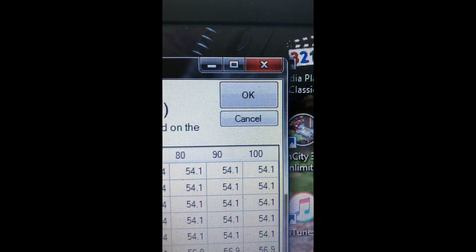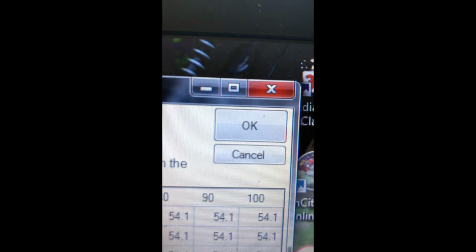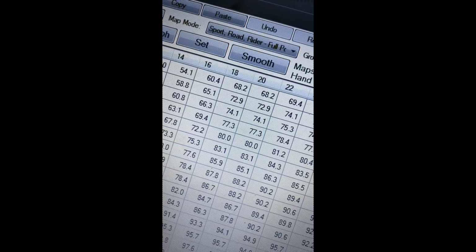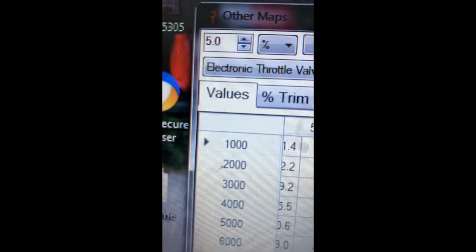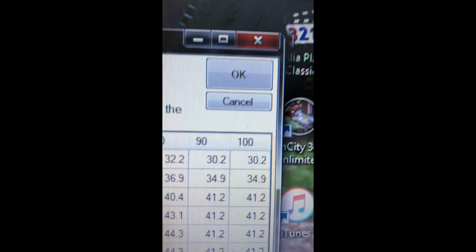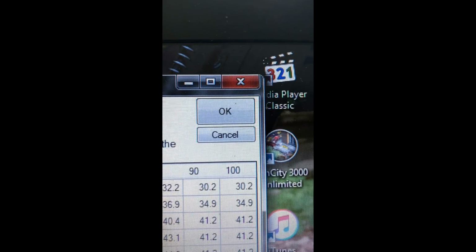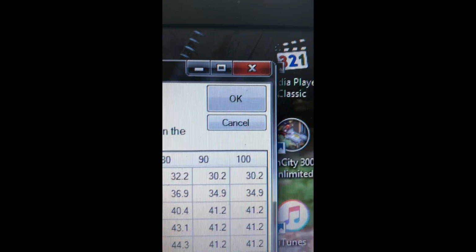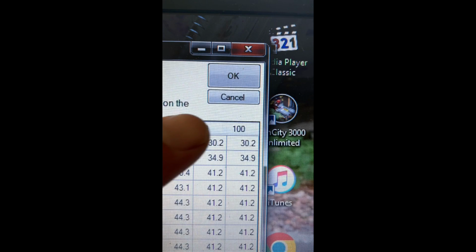So what that is saying is at 1000 RPM at 100% throttle, let's put it in the right gear. So let's put it in gear 1. At 100% throttle at 1000 RPM in 1st gear, the electronic throttle valves open 30% of 100%. So all these figures are the percentage of where you put your throttle.